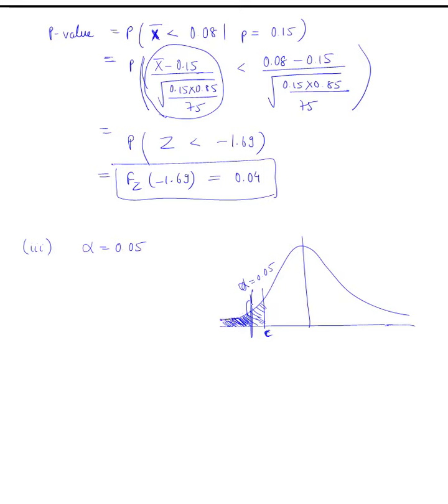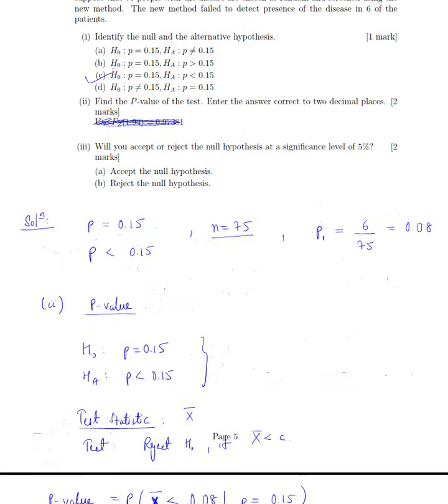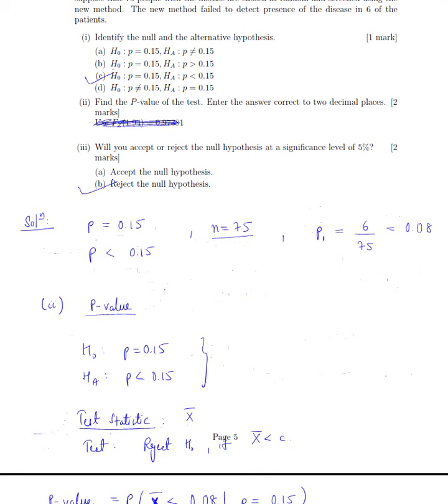So it lies in the rejection region. So for the significance level alpha equals 0.05, we are going to reject H0. So the correct answer will be reject the null hypothesis.